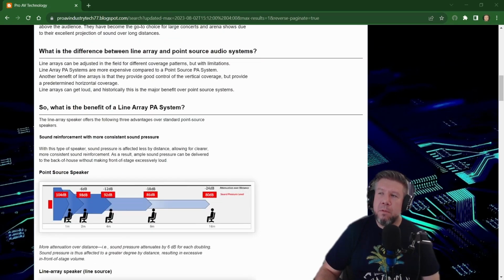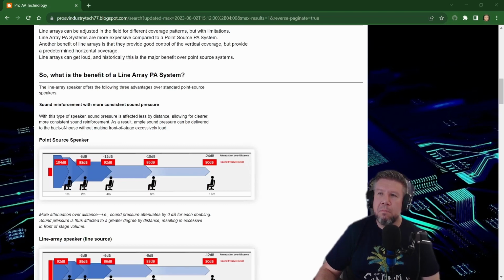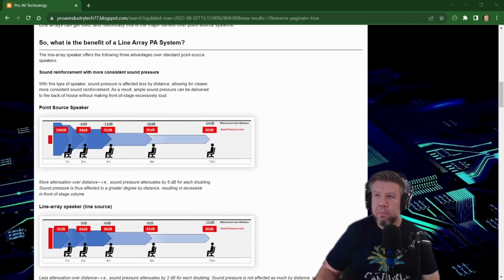So, what is the benefit of a line array PA system? I go through describing a line array PA system and comparing it with a traditional point source speaker. For instance, a point source speaker, if it's close to an audience, will be loud. Let's say you've got an audience sitting in front of a normal point source speaker.